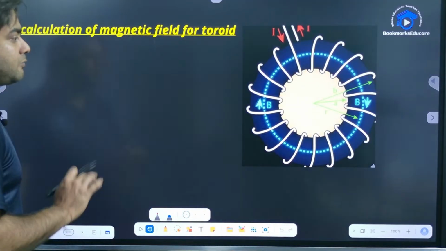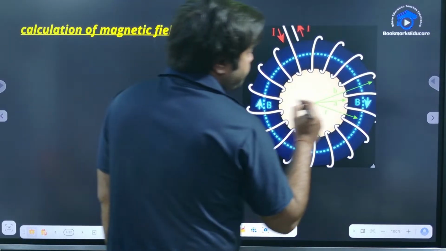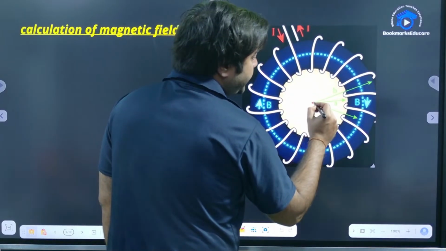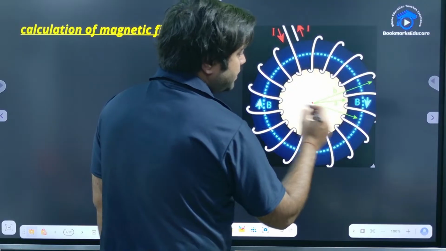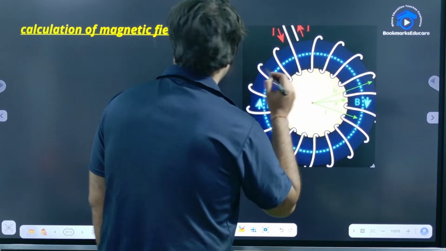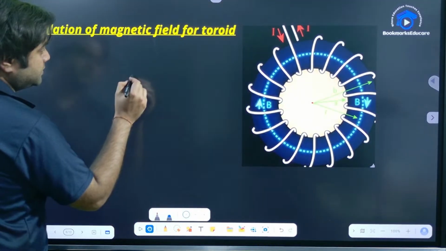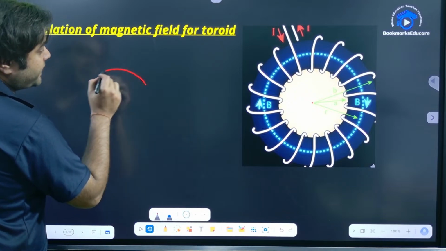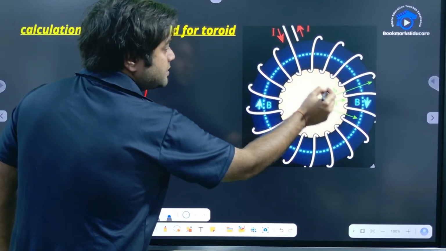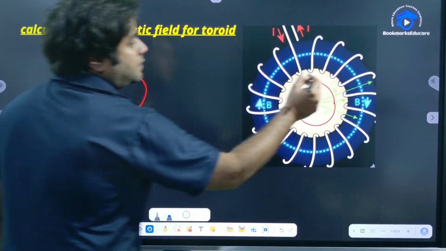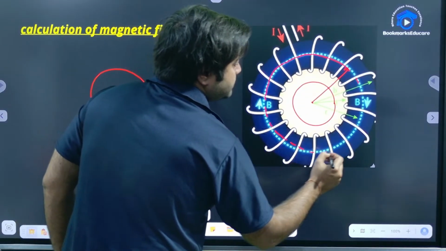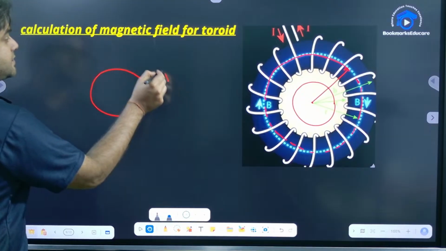Okay, here when we find the magnetic field, we can look at a point inside. Suppose, finding the magnetic field, we are taking 3 Amperian loops. Suppose this is inside. According to the average radius, this is the second Amperian loop, like this.